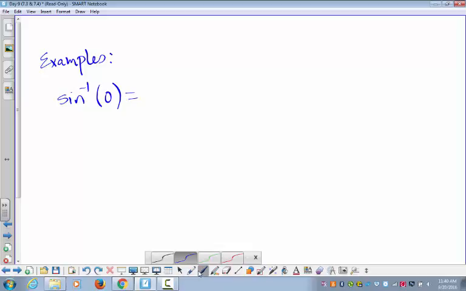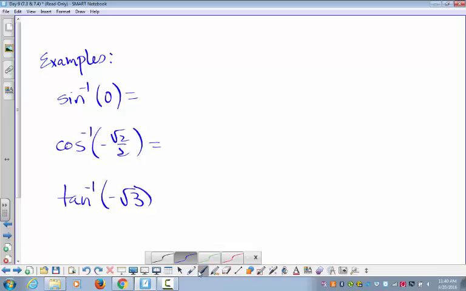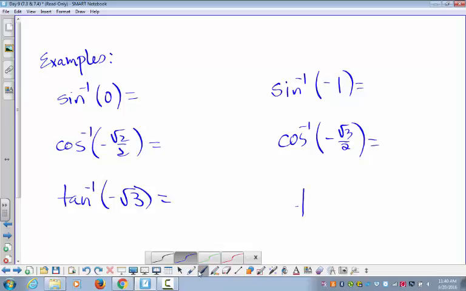Start with inverse sine of 0. Try those out.